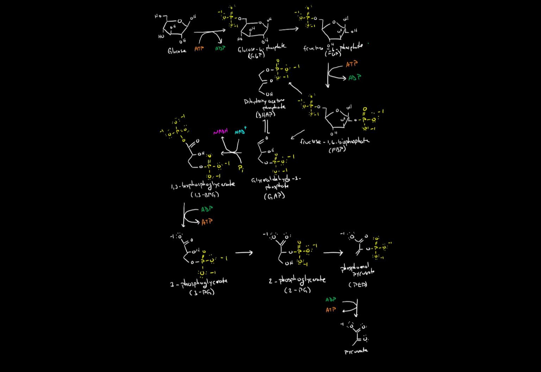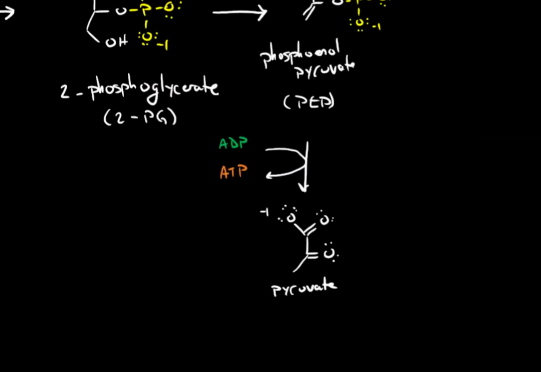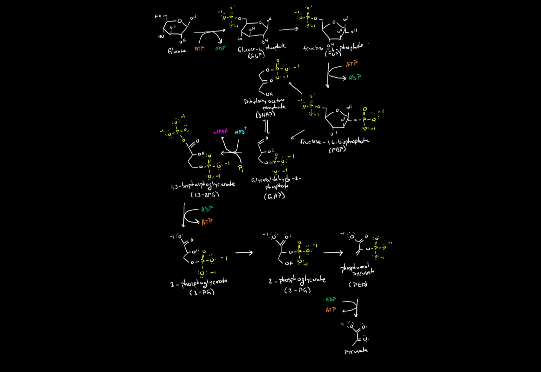We're starting with glucose, and we're ending with the molecule pyruvate. As we saw in the previous couple of videos, glucose is converted to pyruvate, making a total of 2 ATP molecules and 2 NADH molecules.